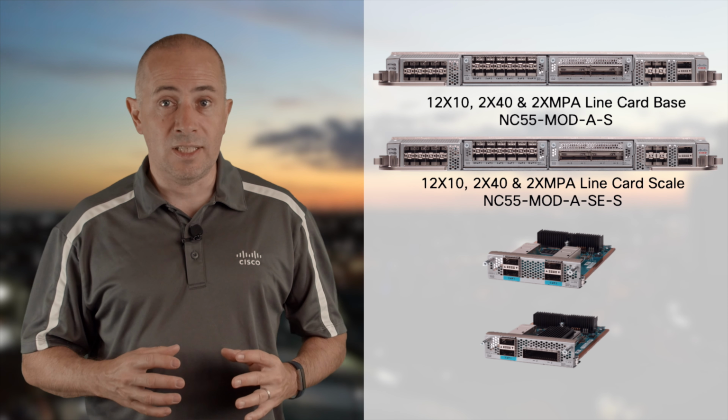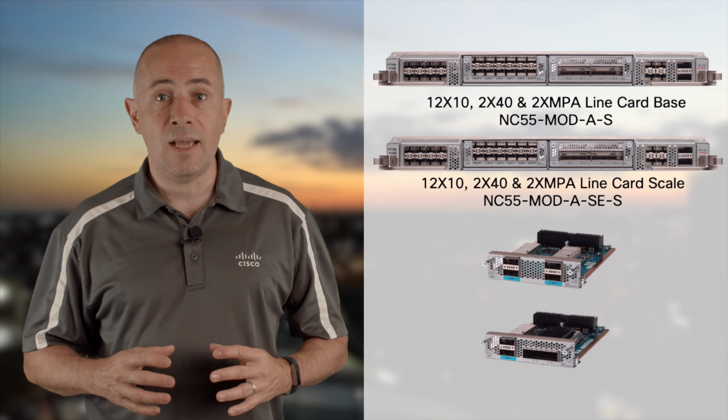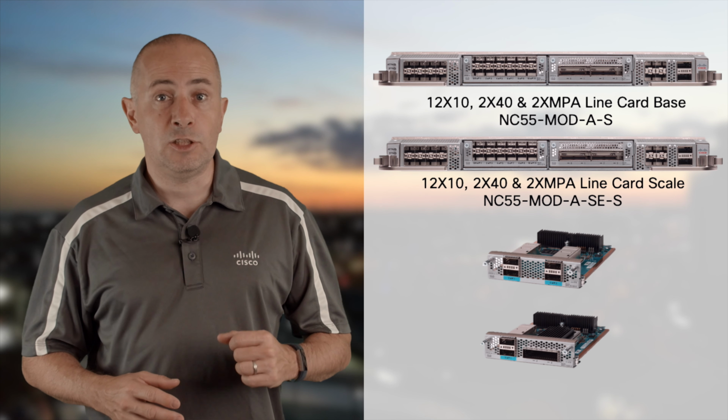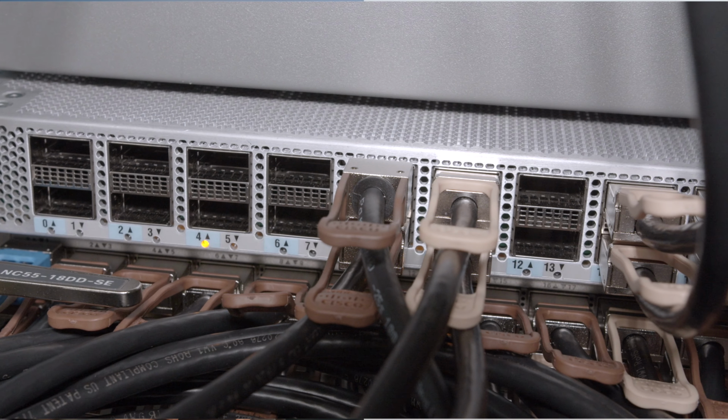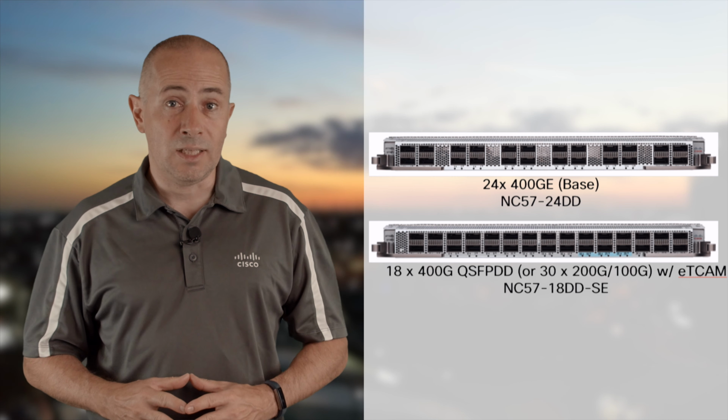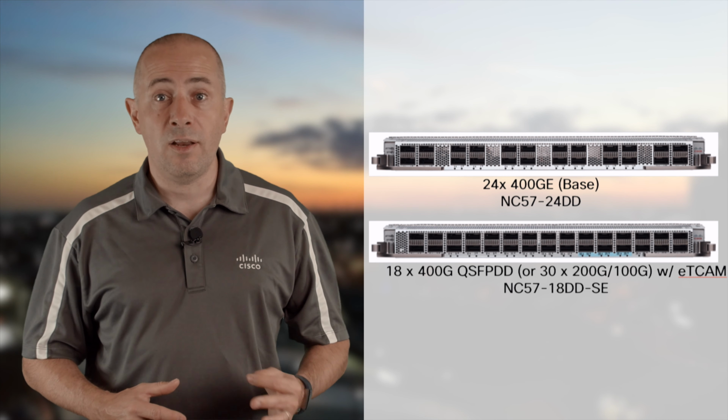For QSFP28 it's only via the MPAs and the same modules described earlier. Finally, you can also insert QSFP28 optics in the 24DD and 18DD-SC cards. From the same ports you can also potentially break out to 4x 25 gig Ethernet, but we will come back to this topic in a couple of minutes since there are some limitations.